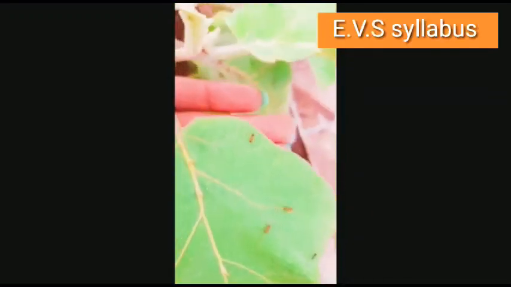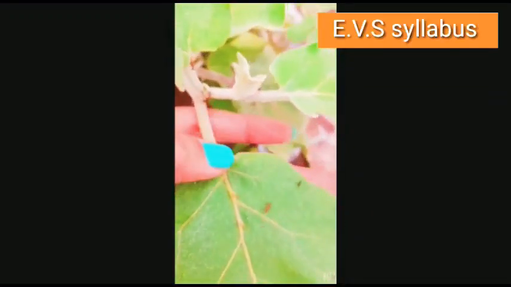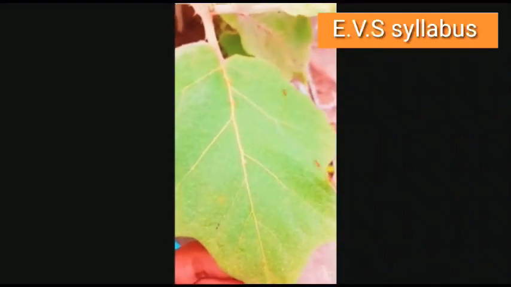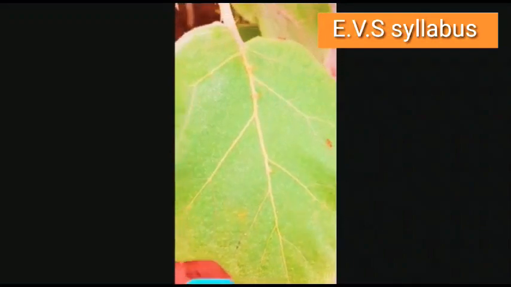And the thick line passing through the center of the leaf is called the main vein.